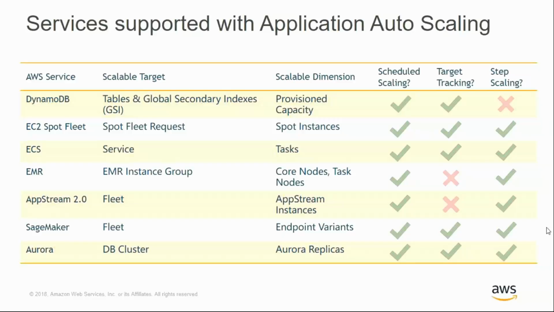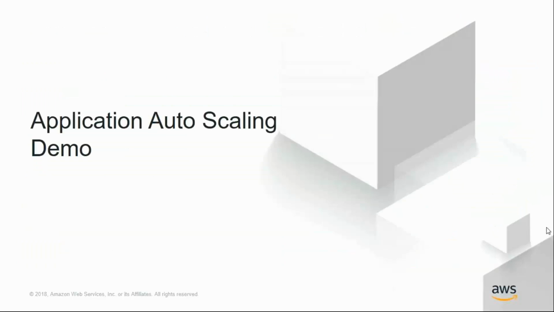All services support scheduled scaling, just like we saw in EC2 auto scaling. And all services support either target tracking or step scaling policies. And some services support both. You get the same experience as EC2 for these other AWS services. You pay for only what you need and what you're using while maximizing the availability of your applications.